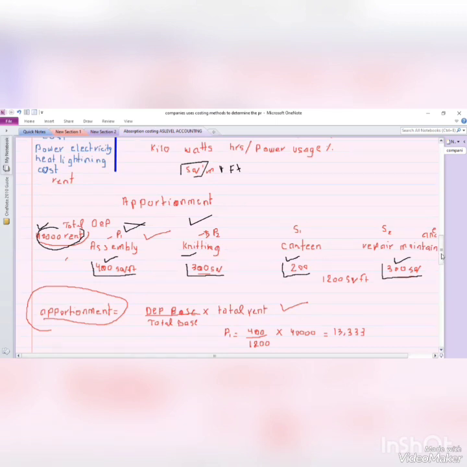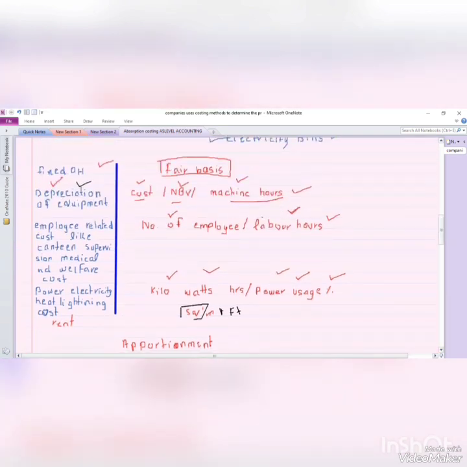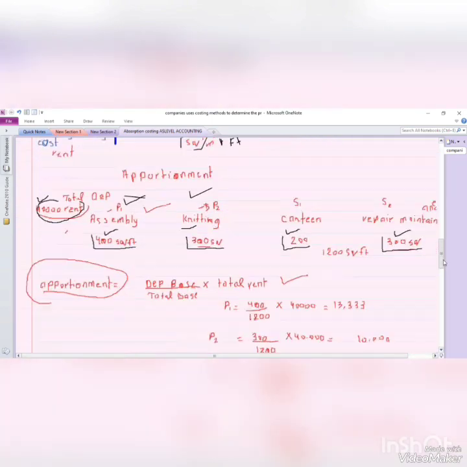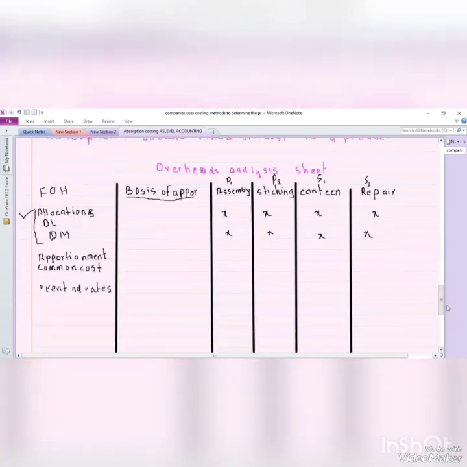The one thing you should know is which type of fixed overhead uses which fair basis. If we have depreciation of equipment, what fair basis should we use when doing the apportionment part for absorption costing.